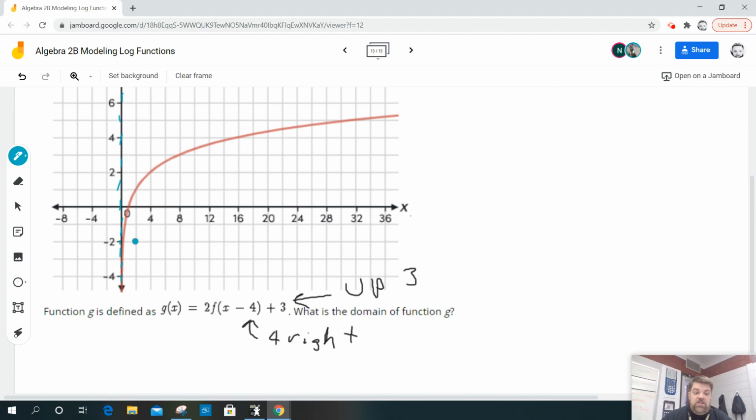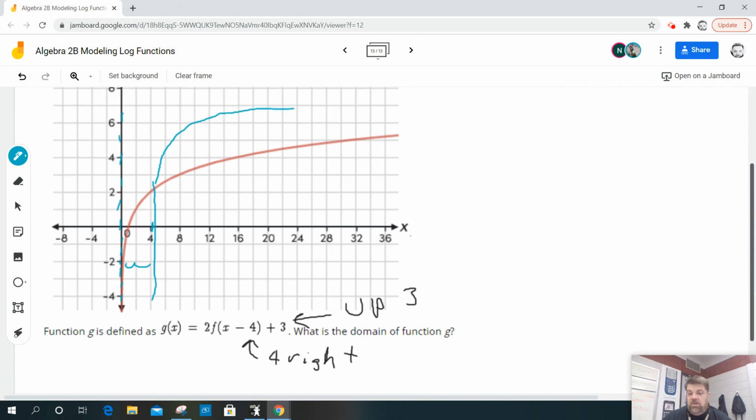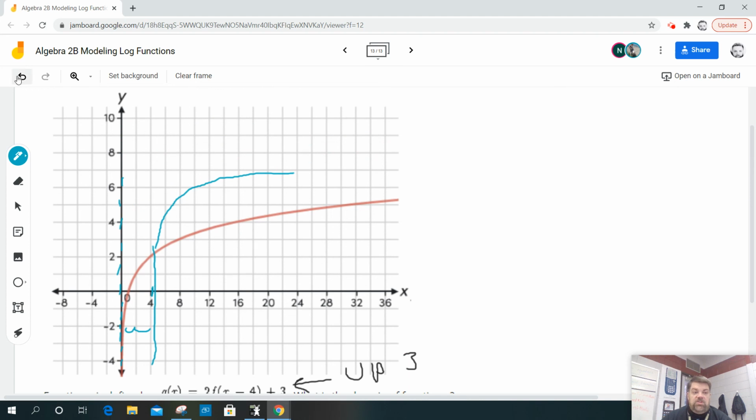So now when I shift this over 1, 2, 3, 4, I'm going to get a graph that kind of looks like this, but it's also going to be shifted up 3 units. So it's going to look sort of like this, okay? And actually it's going to be much higher than that.